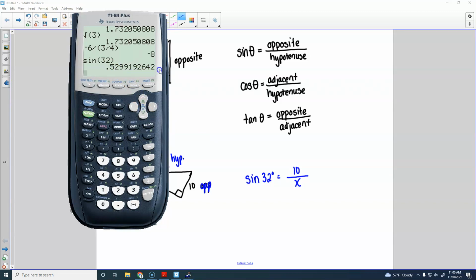Before you had advanced calculators, like back in my parents' day of doing trig, when they just had really basic calculators, they would have had to have a table with the values for all their sine angles, right? So they would have a table that had sine of 32. They'd go look up sine of 32 and put that number there. But your calculator will do it for you, so you'll have to have your calculator on this stuff.